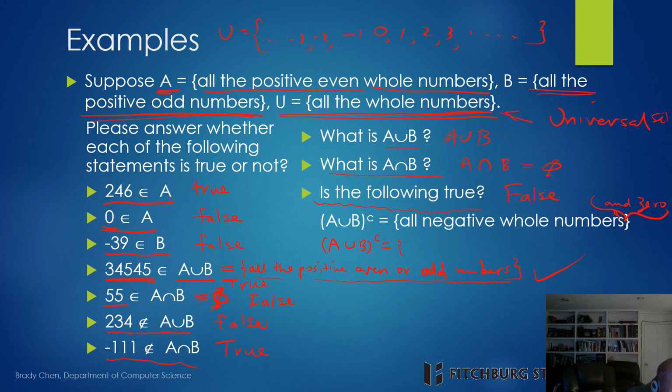So A union B is actually all the positive whole numbers. So the complement should be all the negative whole numbers plus the 0. Remember that. So if we cut it in half, that's A union B, and that's A union B to the C, the complement.